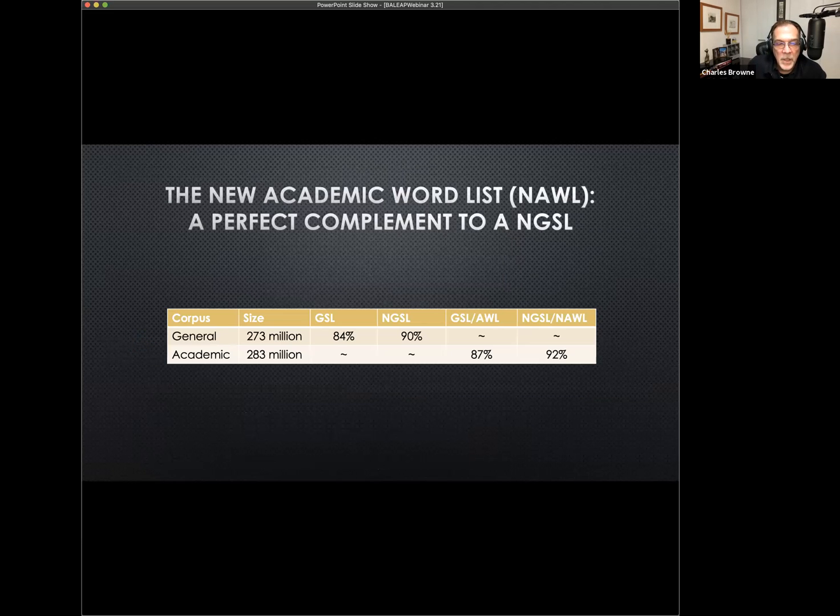If you look at the old GSL versus the new GSL, it's 84% versus 92%, the old coverage figure versus the new coverage figure. And when we look at the academic corpus, 283 million words, if you combine the old GSL and the old AWL, you get about 87% coverage, and the new General Service List and the new Academic Word List give about 92% coverage. So in every case, the word lists that we're making are getting higher coverage than the ones that we're trying to replace.